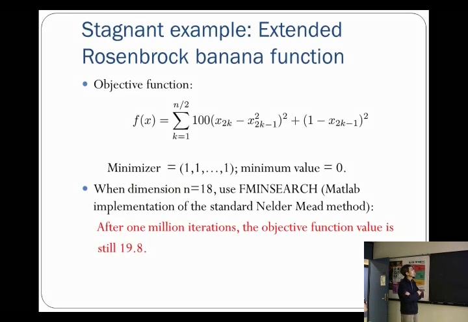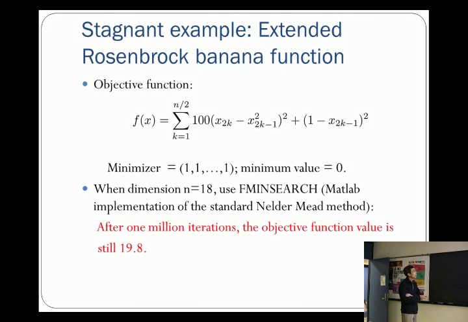Here is a stagnant example. This is the famous Rosenbrock banana function, extended version. This is a cursive function. The minimizer is here, minimum value is there. So I run, when dimension n equals 18, FMINSEARCH.